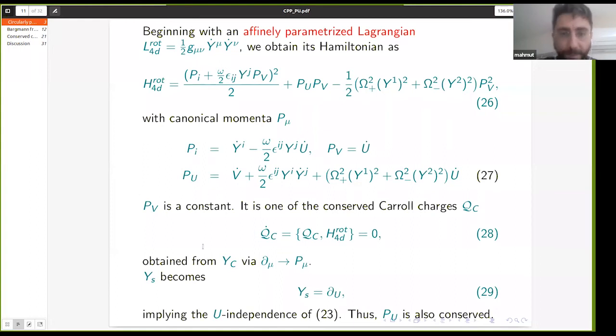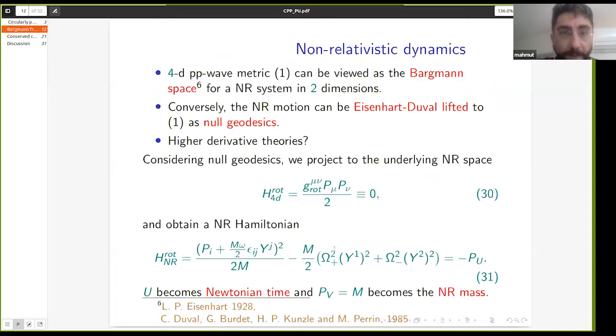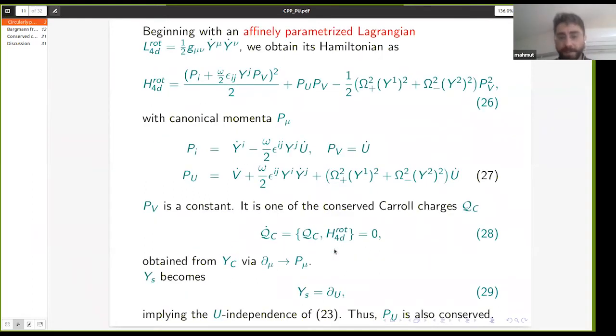Very nice. And so you have all these conserved charges. For instance, they Poisson commute with the Hamiltonian, therefore they are conserved, right? Very nice.